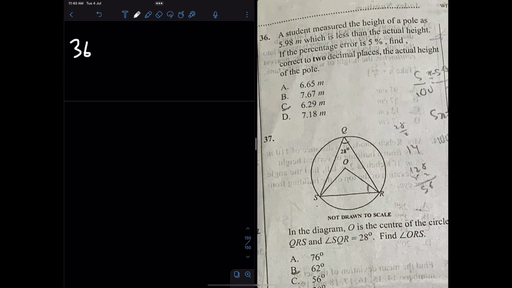Number 36. A student measured the height of a pole as 5.98 meters, which is less than the actual height. If the percentage error is 5%, find, correct to 2 decimal places, the actual height of the pole.